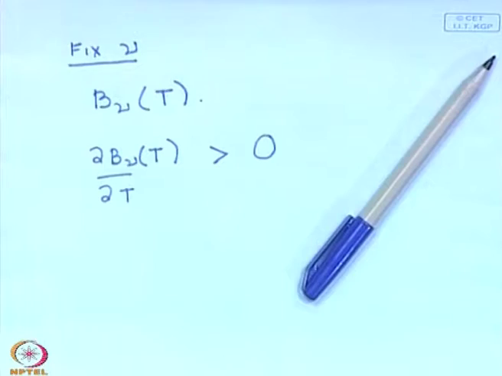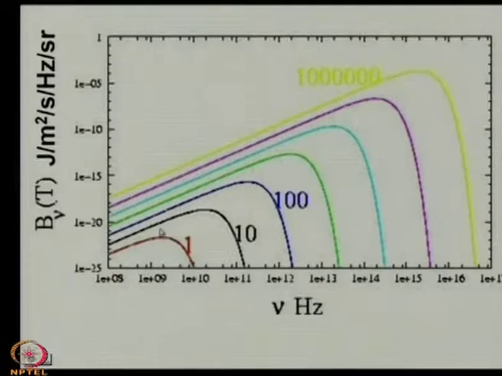So, if I fix the frequency and look at the curves for different temperature, they all lie on top of one another. Okay. So, as the temperature increases, the value of the specific intensity goes up. So, these curves never intersect, because at a higher temperature the curve is always above the one at a lower temperature.